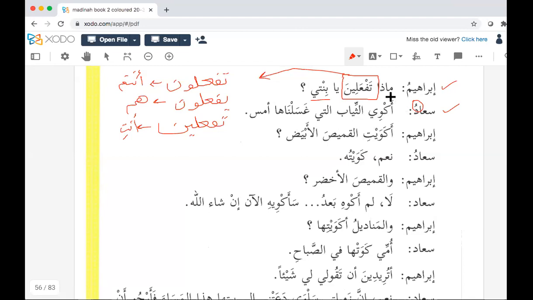So this is our topic, which is الفعل معتل اللام, kawa yakwi, which means I'm ironing. This is a fi'l mudari'. I'm ironing the clothes that we washed. And this is mabni ala kasra.